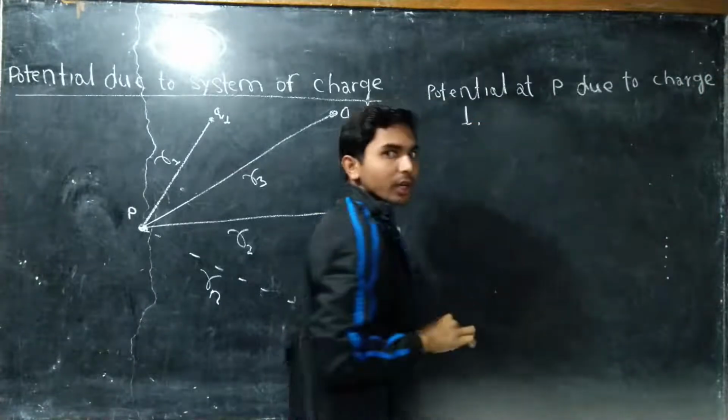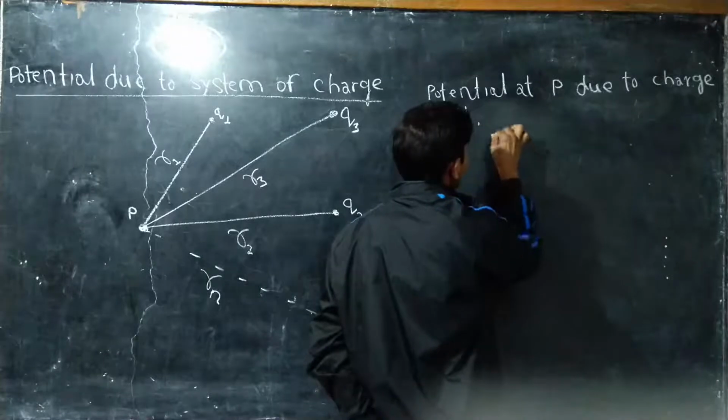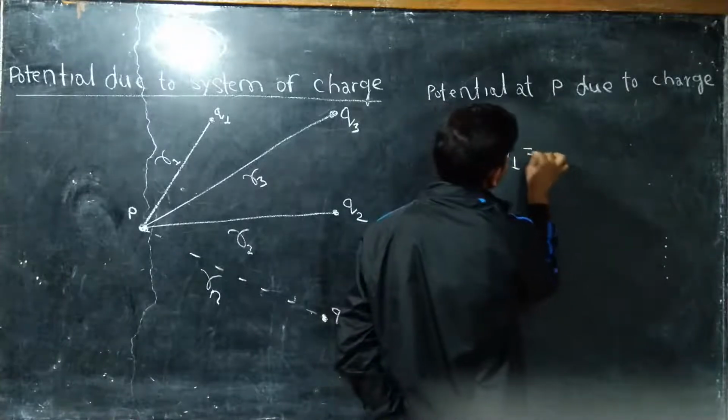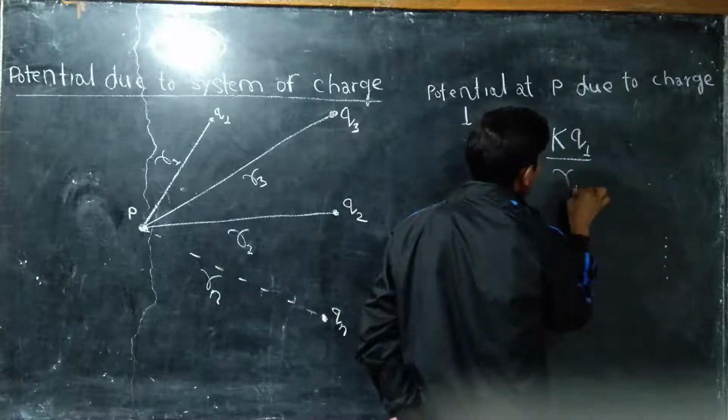These two charges are separated by distance r1, so we can write the potential as kq1 by r1. So the potential at P due to charge 1 is V1, and this V1 is kq1 by r1.